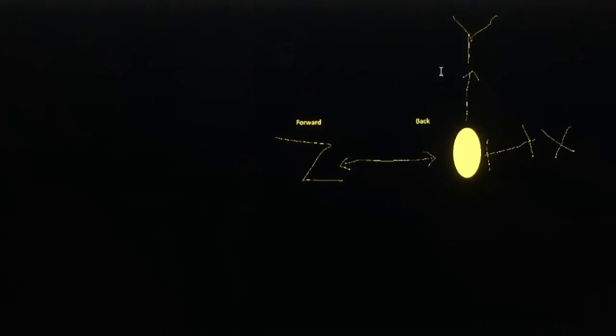So those are the 2 different angles on the Z-axis. On the Y, we have the up on the top and the down on the bottom. And then on the X-axis, we have the left right here. So I'll go and write that. And over here, we have the right. So I'm going to write that now. And those are the 3 different axes we have.